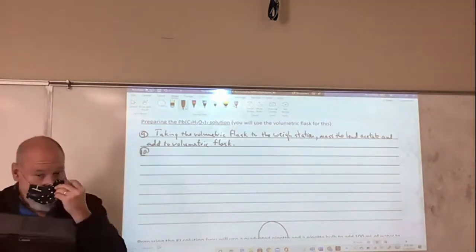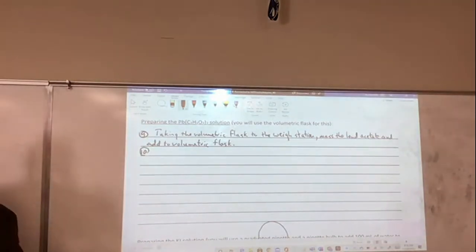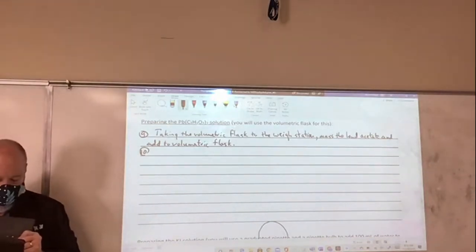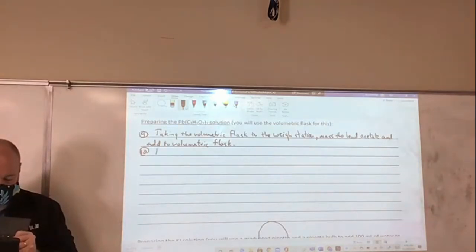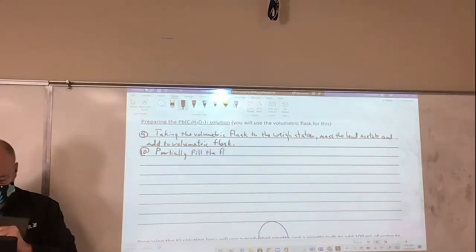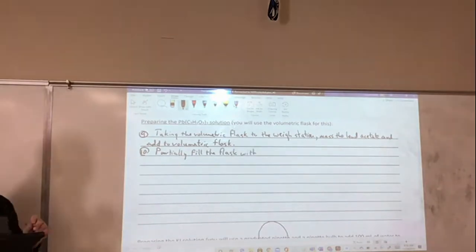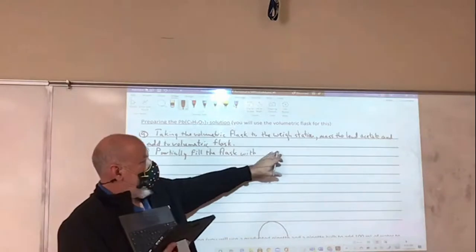So what was our technique then to create the solution? What was the first thing we did? We poured water in about halfway. Okay. So partially fill the flask with, okay, and we're going to make a little bit of a change here.